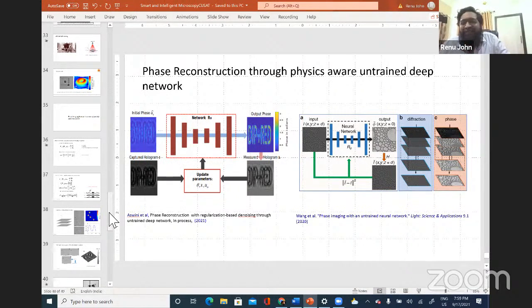There is a lot of learning exercise to it, and it would take a longer time to explain. We are successful, though not fully, because whatever we face in unwrapping, we are facing here also. The problem of unwrapping such reconstructed phase is also there.